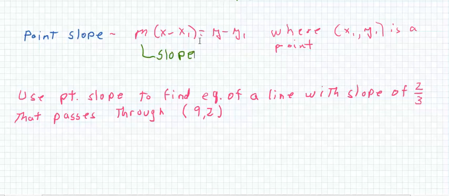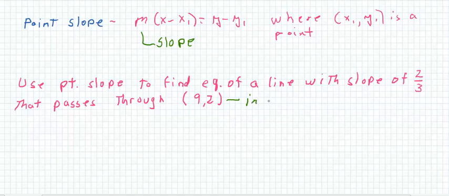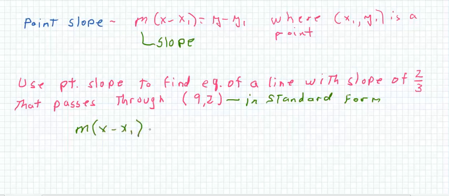All right, we want to use point slope form to find the equation of a line with slope of 2/3 that passes through the point 9, 2. We always want our answer in standard form. So let's begin. We have m times x minus x1 equals y minus y1.